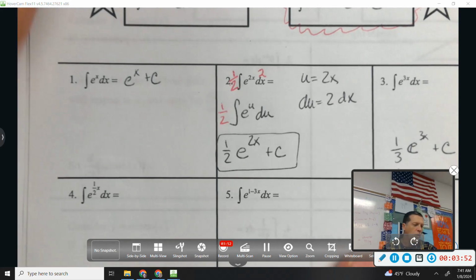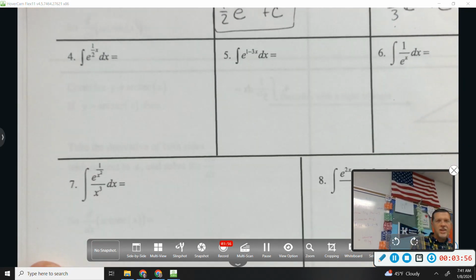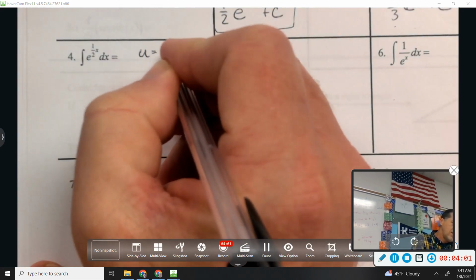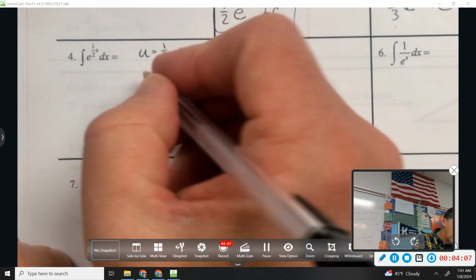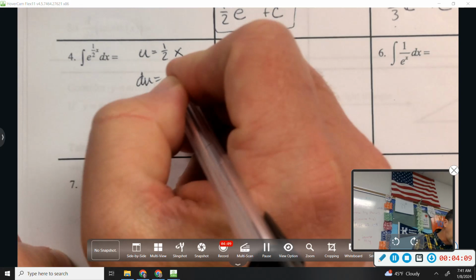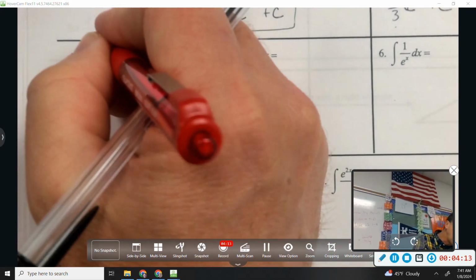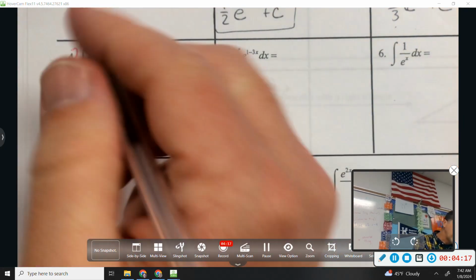How about number 4? Hearing no takers, we'll do u substitution. Maybe we should slow it down. So du is 1/2 dx. So I need a 1/2 in there with the dx, which means I need a 2 out front.